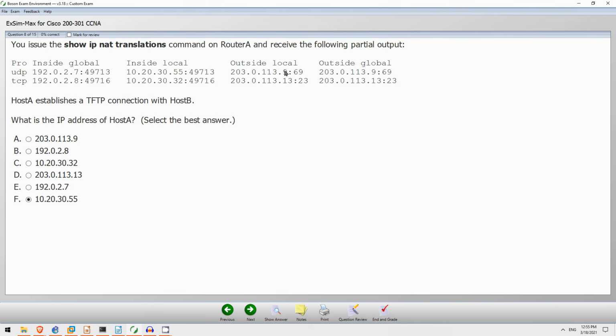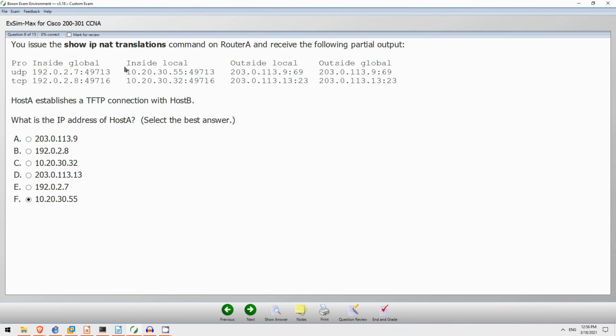Now, how do we know which of these addresses is host A's address? So the question isn't 100% clear. It says, what is the IP address of host A? It doesn't say inside global or inside local. So which one is host A's address? Well, if you get a question like this, it's safe to assume that it's asking about the actual IP address of host A, not the NAT address configured on router A. So it's not the inside global address, which is host A's IP address after NAT.